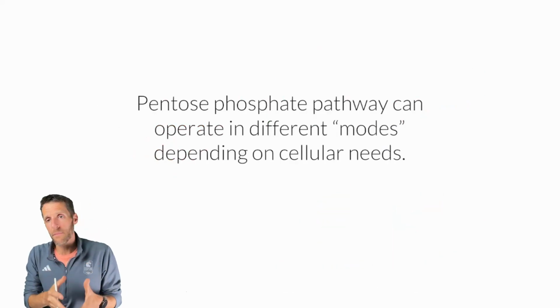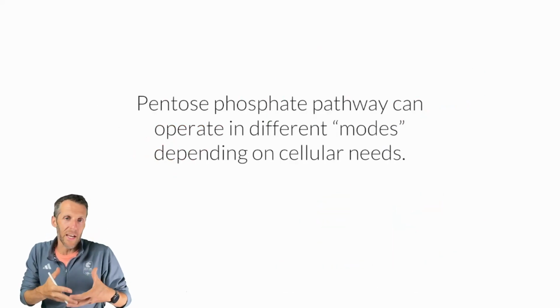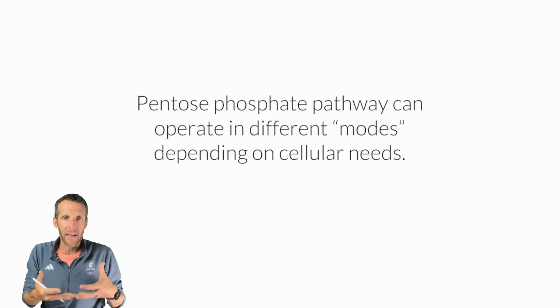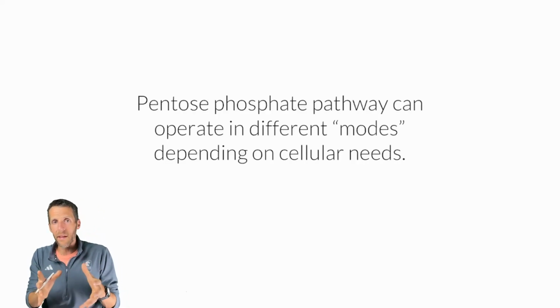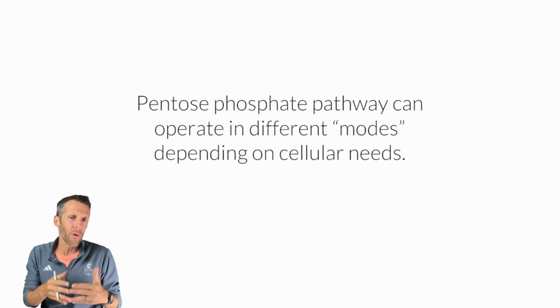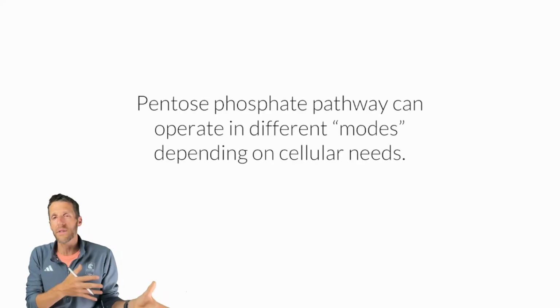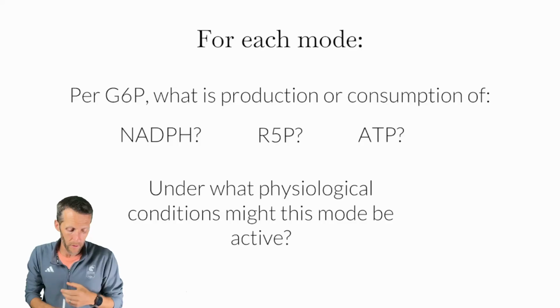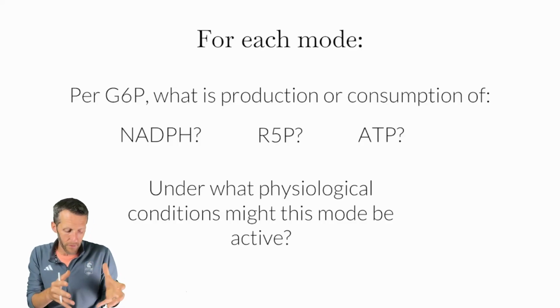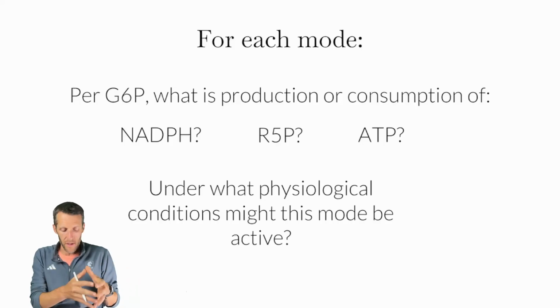Okay, what this means is that the pentose phosphate pathway can actually operate in different modes that depend on different cellular needs. And what I'd like to do in this video is go through 4 of these modes and talk about how cells can use it. So we can sort of see the flexibility of this metabolic network. And so I'm going to show 4 different situations. And for each one, I'd like to ask 3 or 4 questions, basically.